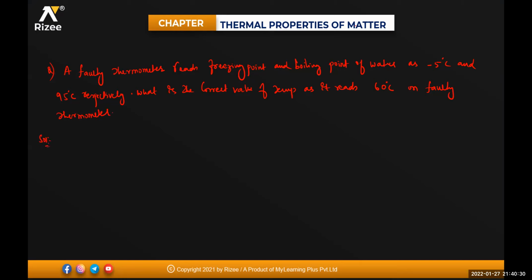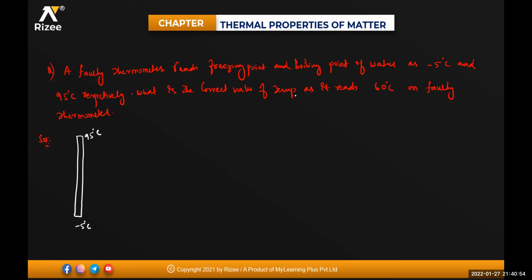This is the given question. A faulty thermometer reads the freezing point. That means I have the faulty thermometer. Let me draw a faulty thermometer. For the faulty thermometer, the freezing point is -5 degrees centigrade, and the boiling point is 95 degrees centigrade.